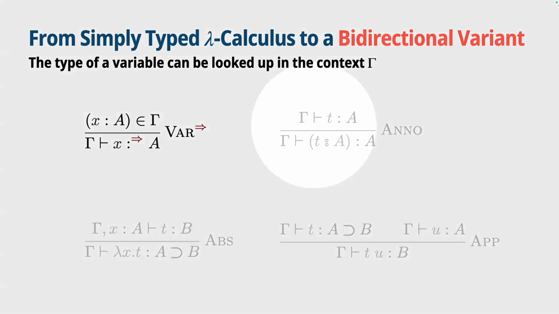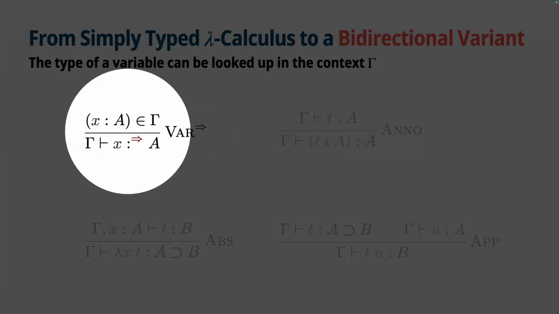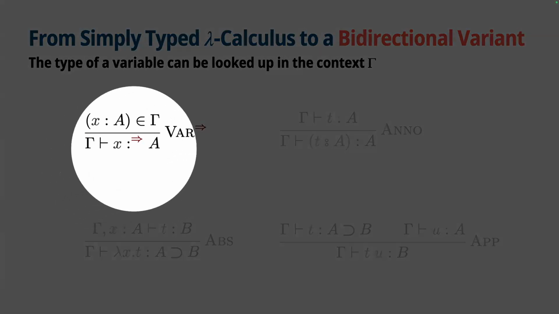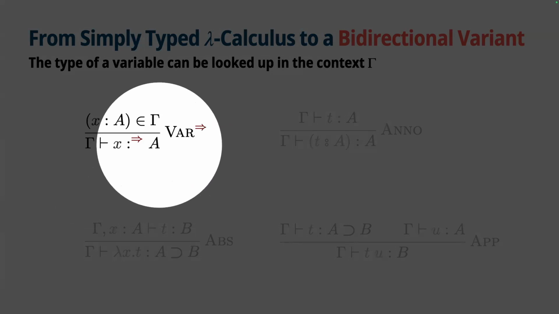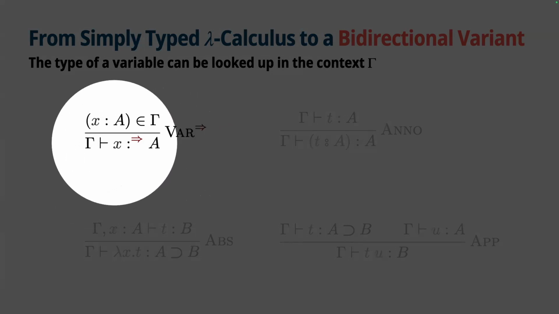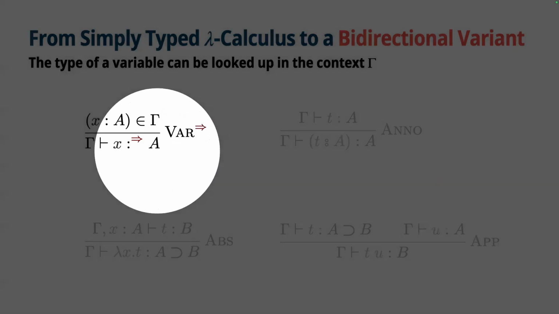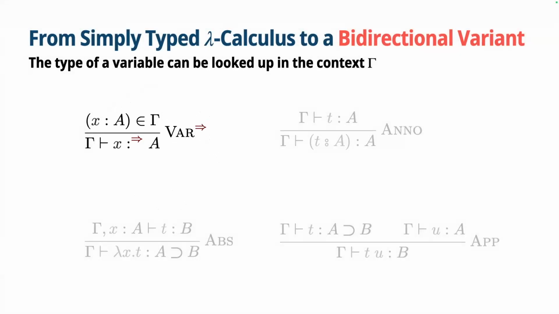For example, if you look at the variable rule, typically what we do is we just look up the variable in our context. Then we can know what the type of this variable is. So the information about this type A here can be derived from the context. This gives us a synthesis mode, or synthesis judgment.